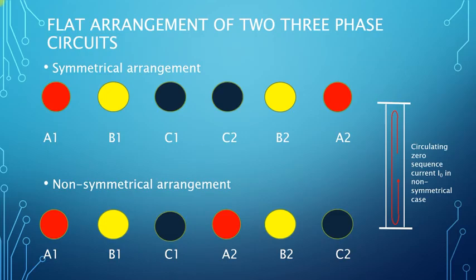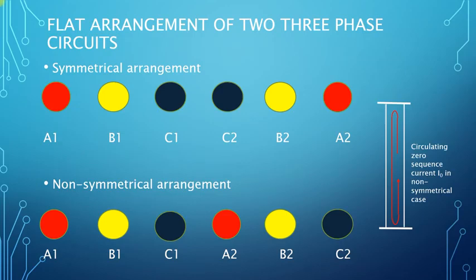If we had 2 3-phase circuits and we look up the standard textbooks, they will tell us that arranging the conductors A1, B1, C1 of circuit 1 and C2, B2 and A2 of circuit 2 will produce a symmetrical arrangement.